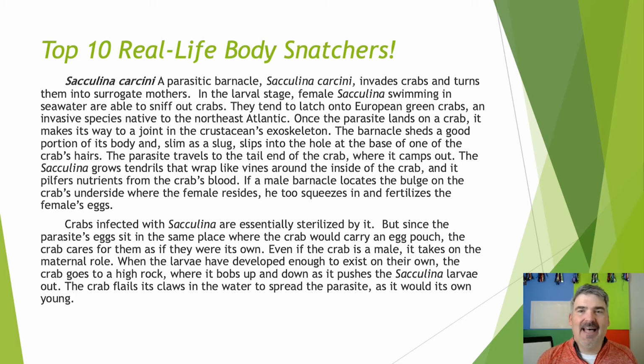Once the parasite lands on a crab, it makes its way to a joint in the crustacean's exoskeleton. So the barnacles smell around and find the European green crabs. Once they find them, they search around on a crab's exoskeleton to find a joint.